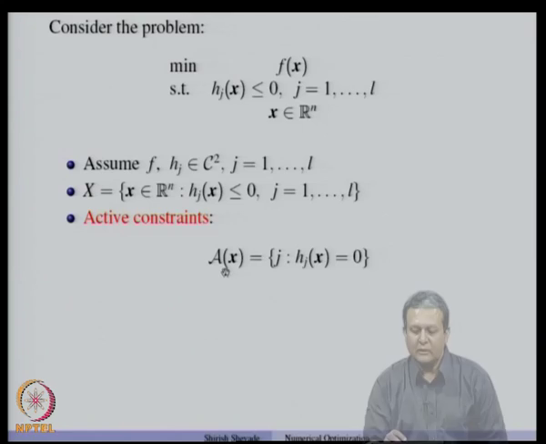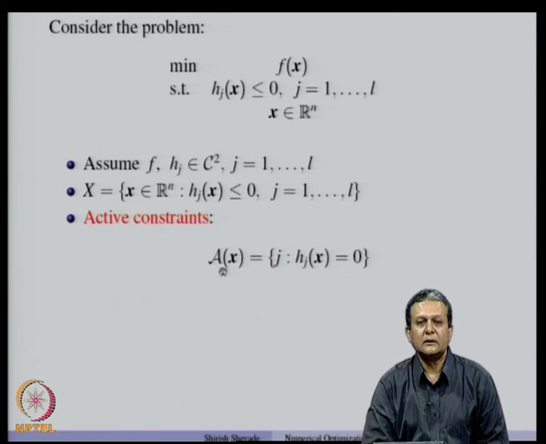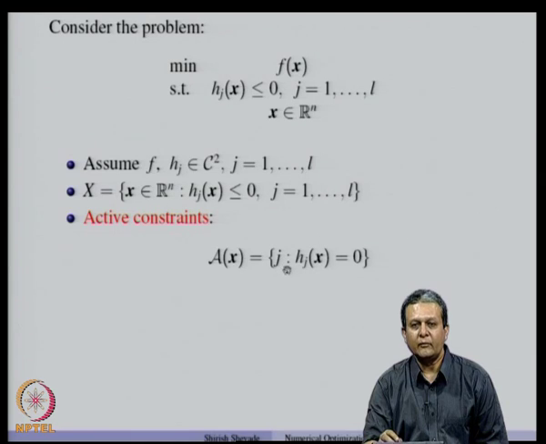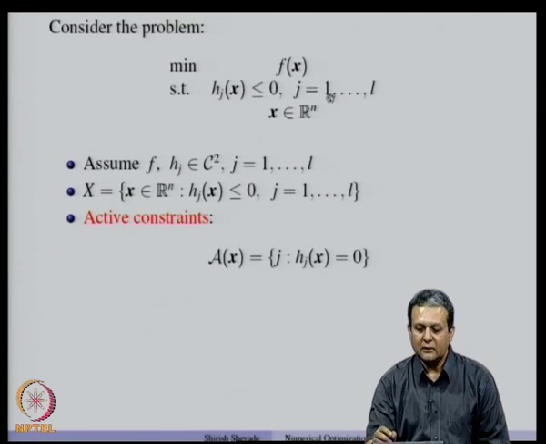So, let us define the set of active constraints A x to be the set of all j's such that h j x equal to 0. So, the set of all constraints which are satisfied with equality.